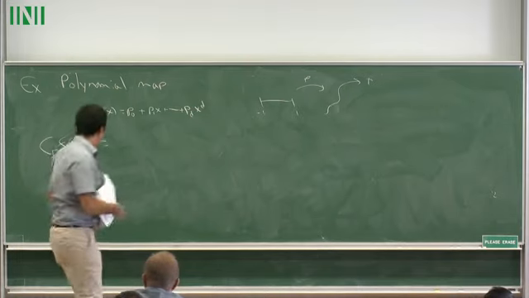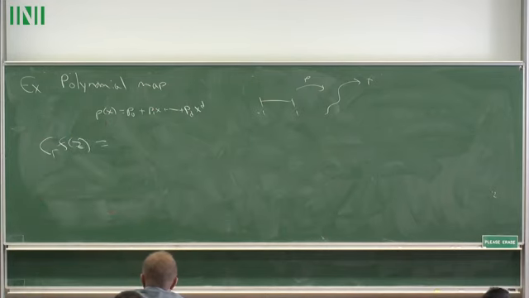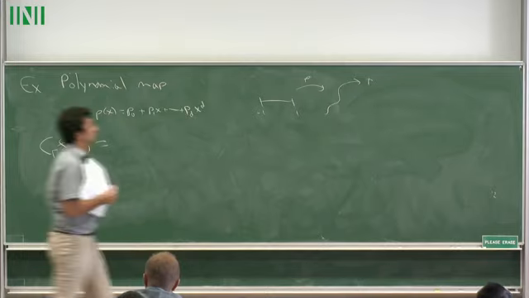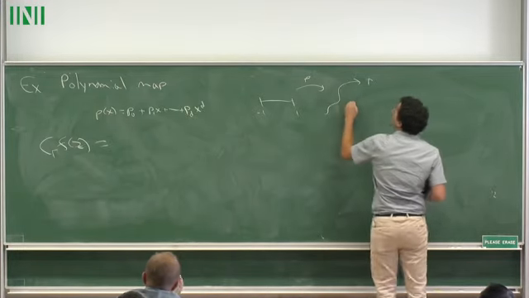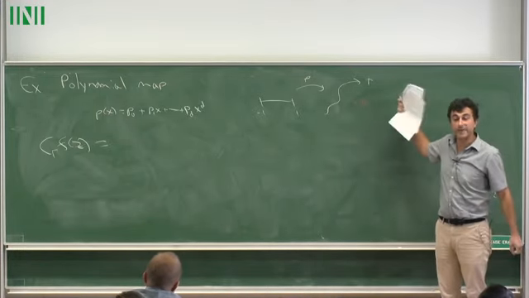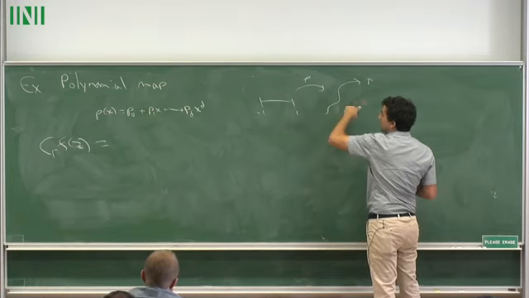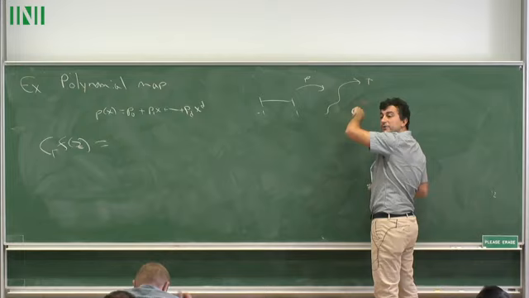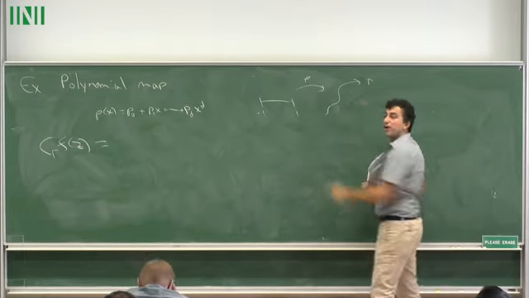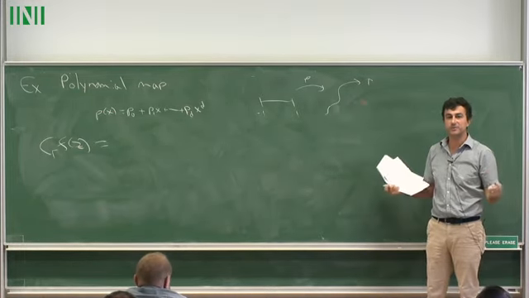So if this is our z in the gamma plane, well, there's not going to be one inverse because we're inverting a polynomial. There's going to be d inverses.